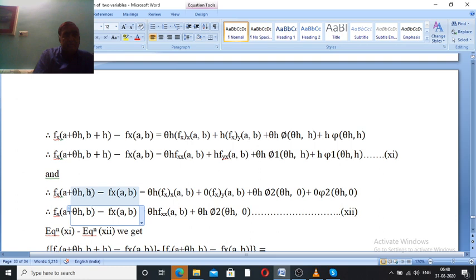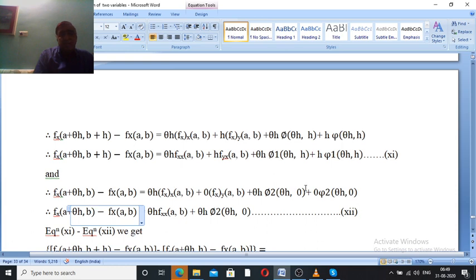As per the definition of differentiable function, f is a differentiable function. Here b plus k, but k is absent here. b plus 0 minus f_x(a,b). θh is f with respect to x at point (a,b) plus 0 f with respect to y at point (a,b) plus θh φ2(θh, 0) is 0 plus 0 φ2(θh, 0) is 0.